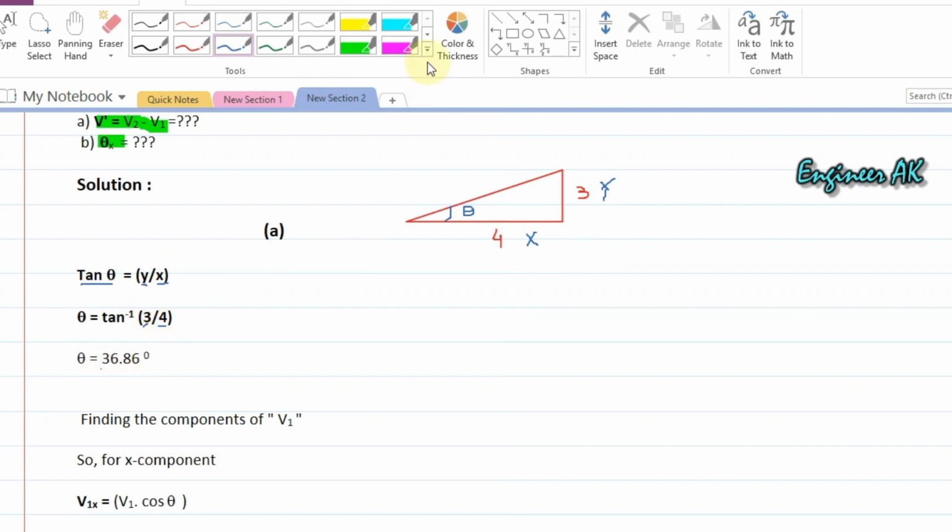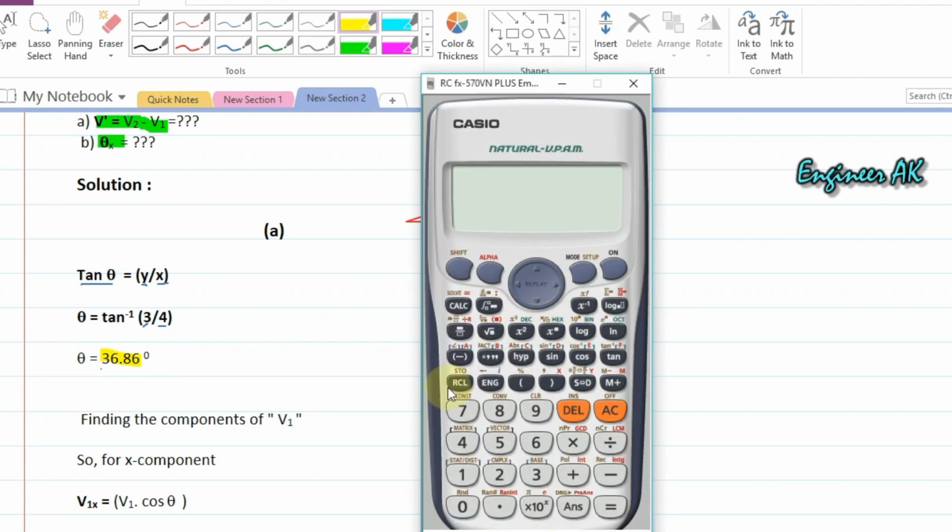From this we can get 36.86 degrees, and let's check it through the calculator as well. So shift, tan inverse, 3 by 4. Here we go. So here we get 36.86, right? It is written over here.